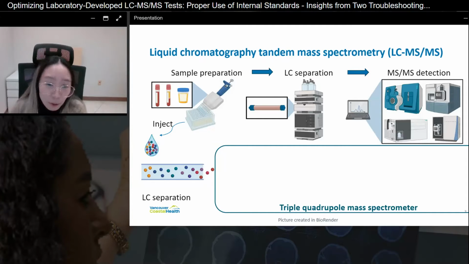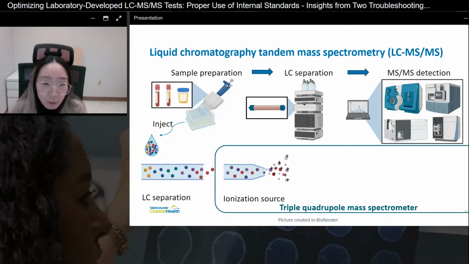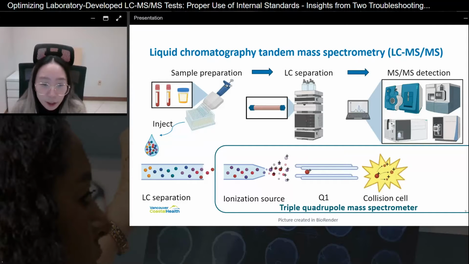Here I'm showing a triple quad mass spectrometer as an example. The liquid phase sample will first get ionized. Basically, the sample gets evaporated, and the analytes together with the sample components will form gas phase charged ions. And these ions enter a vacuum space that filters target ions with preset mass to charge ratios in this first quadrupole. And then these ions will get fragmented in the collision cell.